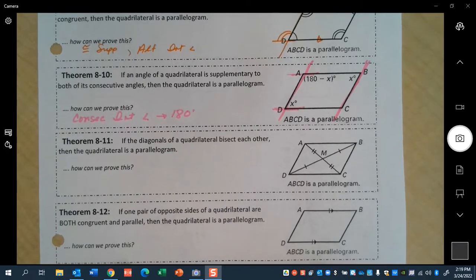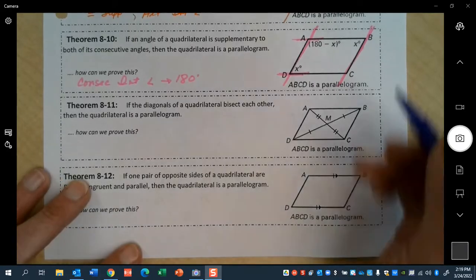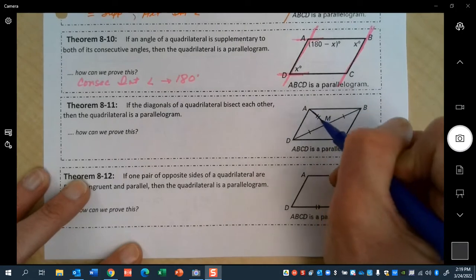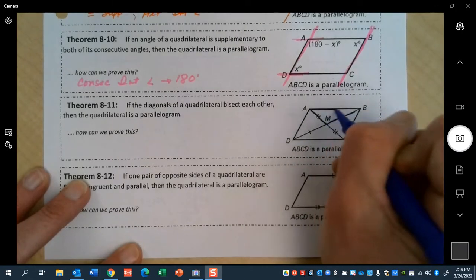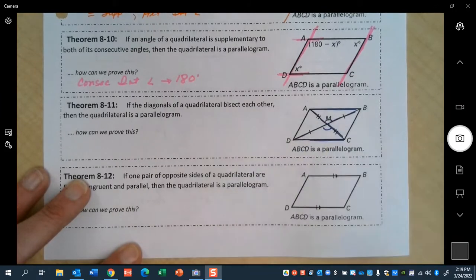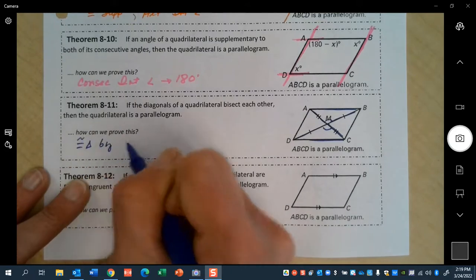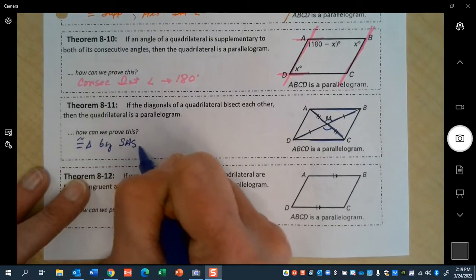Aylin, your group is up. Okay, so we know that there's two congruent triangles by side angle side, and we can tell that it's parallel because of alternate interior angles. I love it. They did vertical angles here. So they got congruent triangles by side angle side.